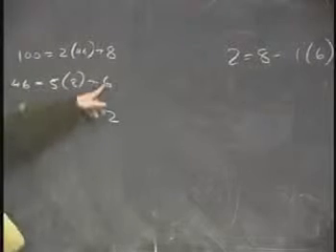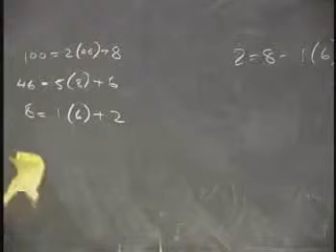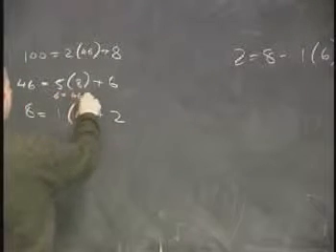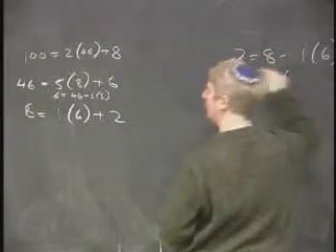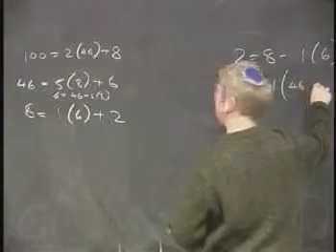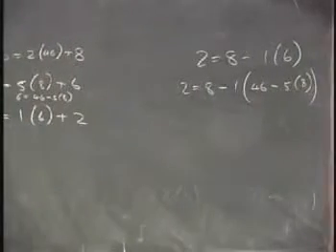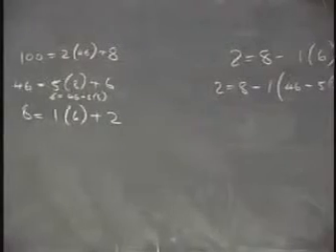So we substitute in place of the 6 a combination of 8s and 46s. 6 equals 46 minus 5 times 8. So this becomes 2 equals 8 minus 1 times (46 minus 5 times 8). Did I do everything right so far?